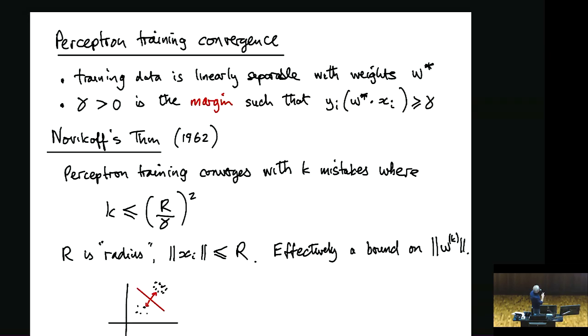And it said, yes, it will converge in a finite number of mistakes, given these conditions above. And that finite number of mistakes is bounded by the radius, which is simply the size of the largest xi, right? The magnitude of the largest xi, the norm of the xi, and this margin.